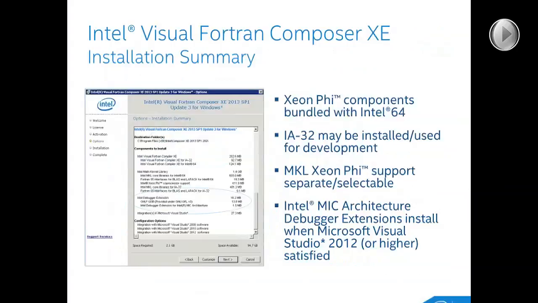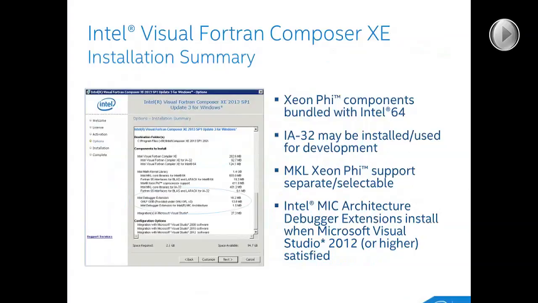The last bit of information I wanted to share about the installation is the installation summary. Again, just repeating what I mentioned earlier, the Xeon Phi components for the compiler are bundled and installed with the Intel 64 components. If you are developing for IA32, you can still install the IA32 development environment and develop applications for that platform.